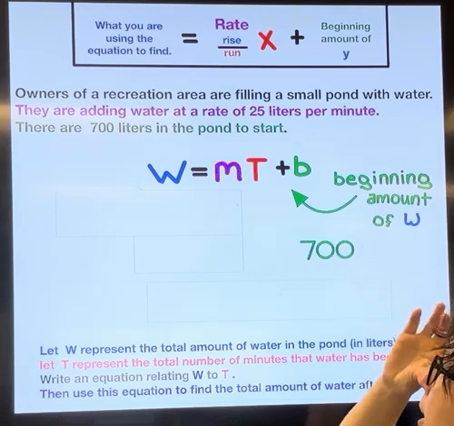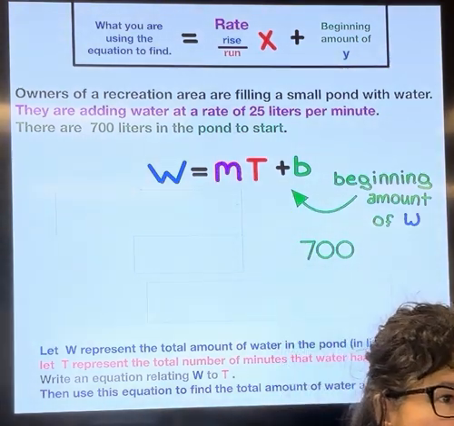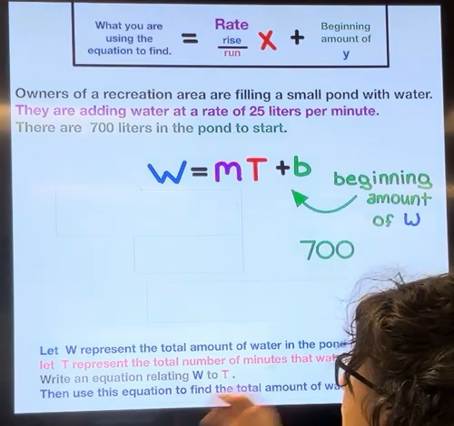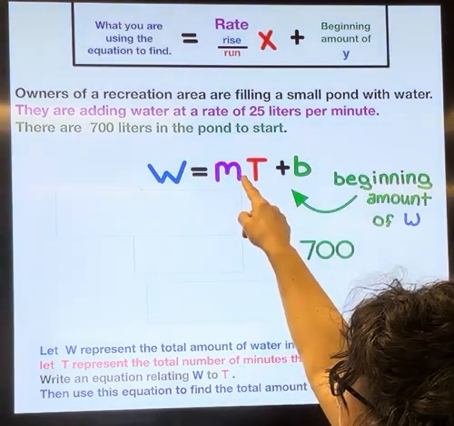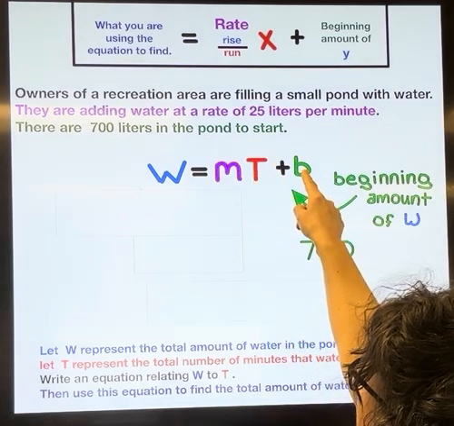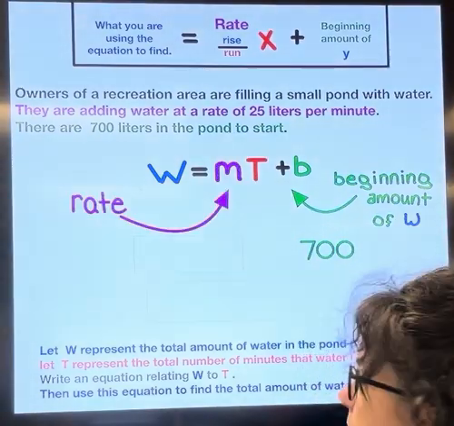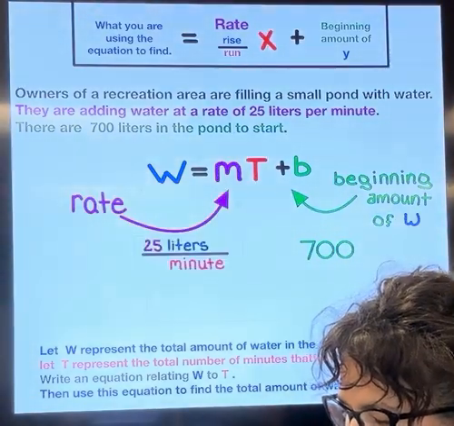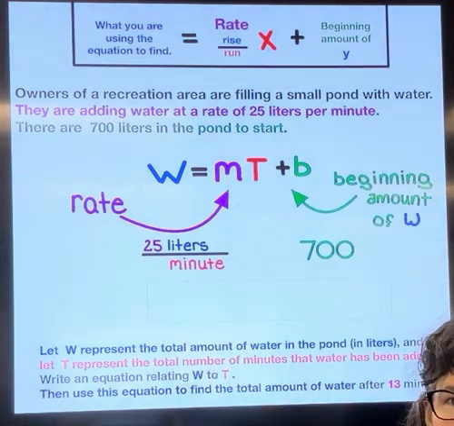So looking at the given information for something that is comparing the water to the time, it says they're adding water at a rate, the word rate means slope, of 25 liters water per minute over time. So I have my rate is going to be 25 liters per minute.